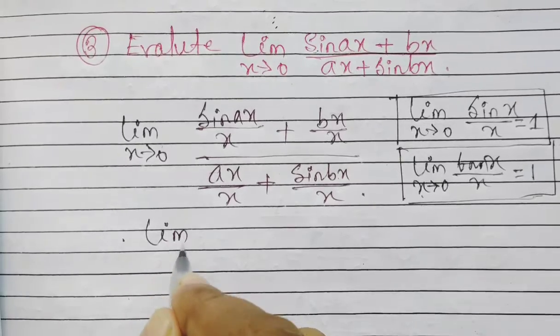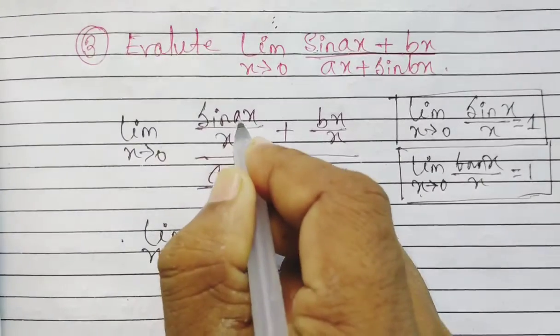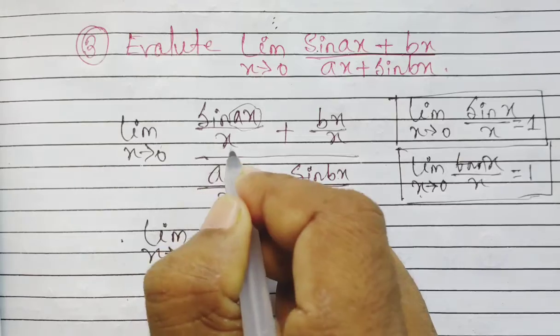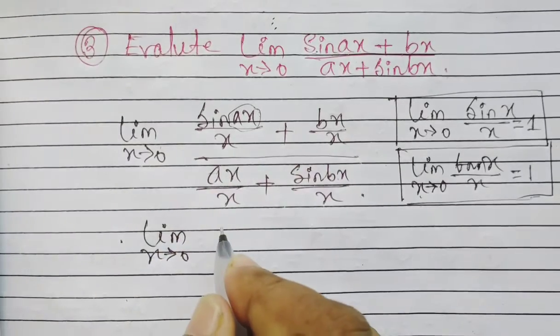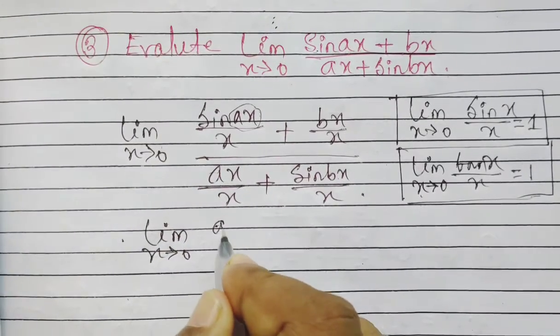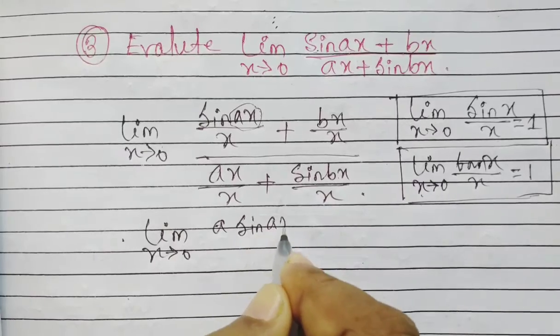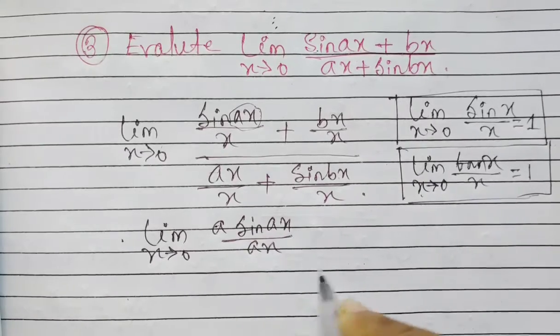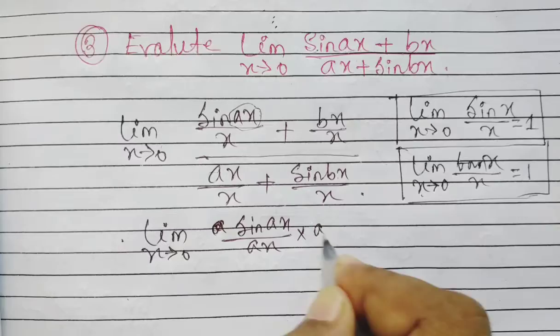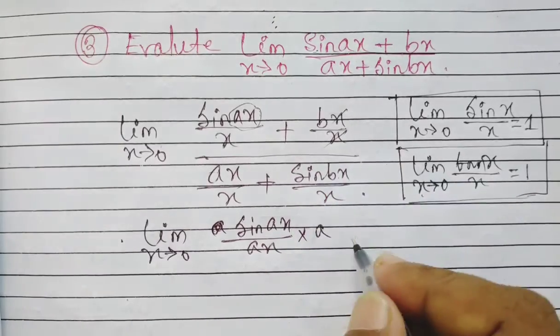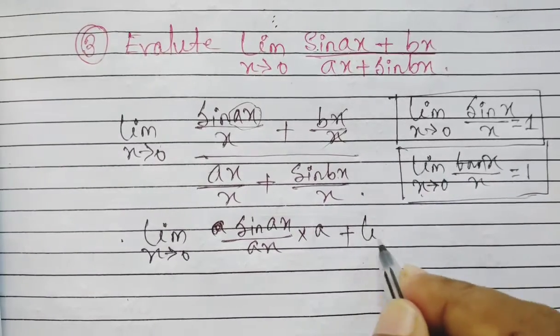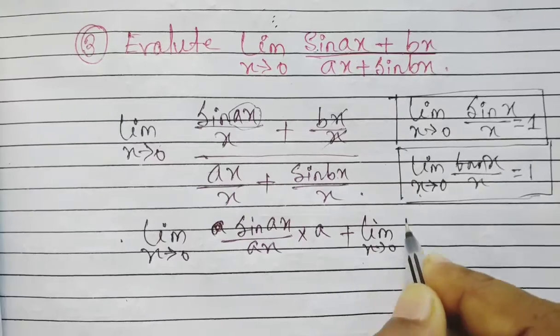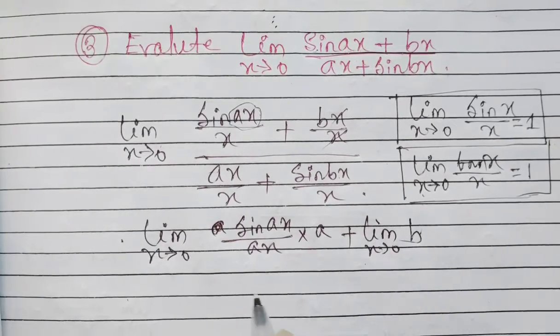In the numerator, sin ax should be divided by ax, so multiply by a, and here x cancels out, leaving b, a constant.